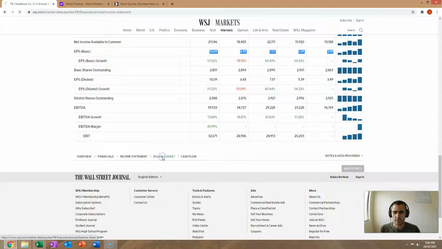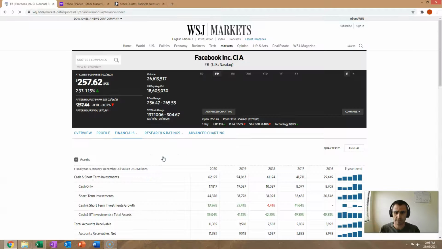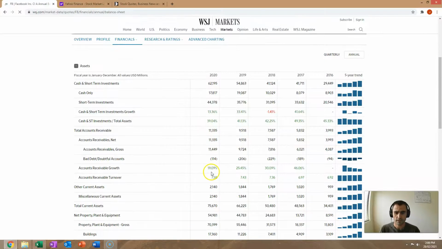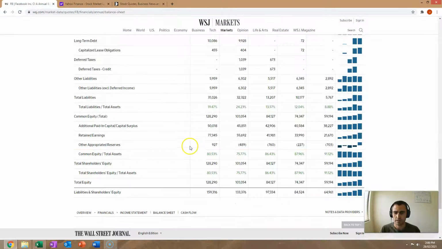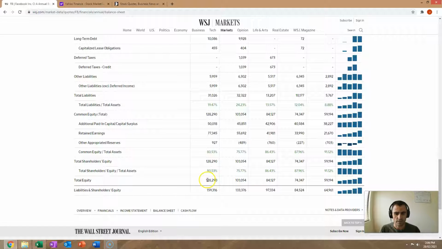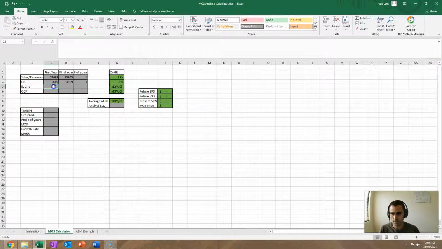Now to get the equity, we go across to the balance sheet and scroll to the bottom, liabilities and shareholders' equity, and you've got total equity down the bottom here. As you can see, very nice growth trend there as well. The first year is 59,194.